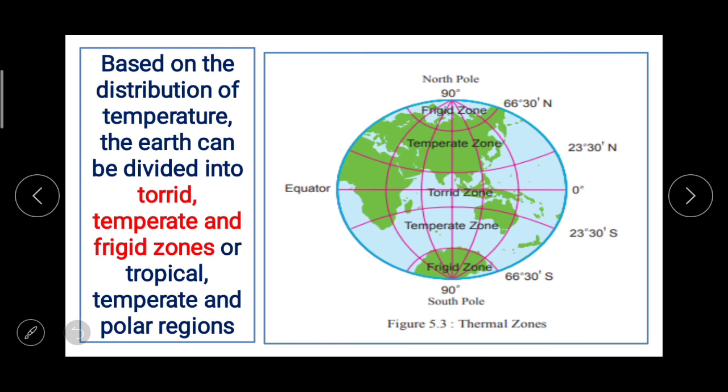So based on the distribution of temperature, the earth can be divided into torrid, temperate and frigid zones, or we can say it as tropical, temperate and polar regions.